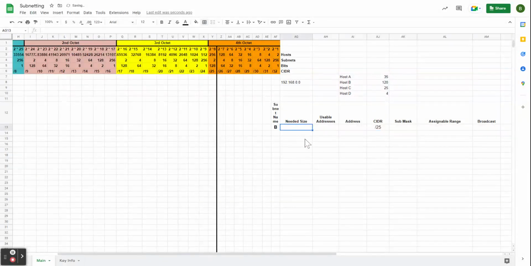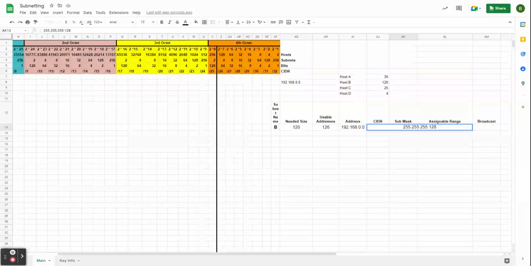120, and usable addresses is 126, so it's subtracting 2 from this number here, first host number after your line. The network address is the question. New subnet mask, simply adding the bits together, so it's 255.255.255.128.